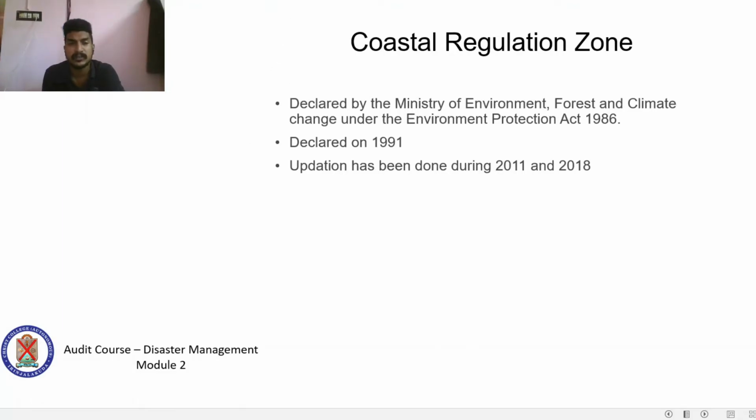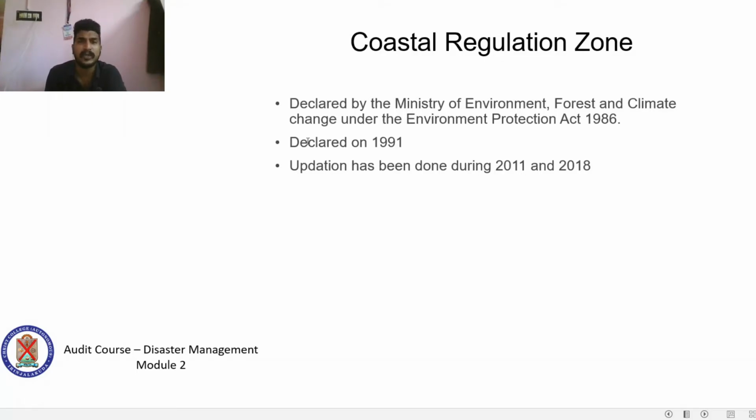The coastal areas of seas, bays, creeks, rivers and backwaters influenced by tides, up to 500 meters from the high tide line, and the land between the low tide line and the high tide line, were declared as the coastal regulation zone or CRZ in 1991. While the coastal regulation zones are made by the Union Environment Ministry, implementation is to be ensured by the respective state governments through their coastal zone management authorities.